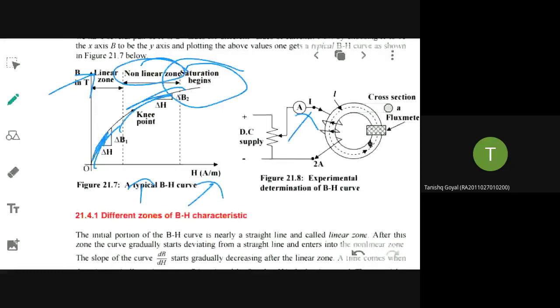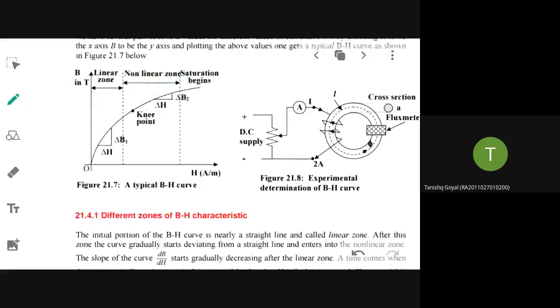What are the three zones that you will be observing in the curve? First, it will be linear only. If you vary H, B will also vary one time for one time. So linear variation initially. If you go on increasing, now the slope will reduce. If you are increasing H, B will reduce its increment a little, so the curve slightly deviates from linearity and enters the non-linear zone.